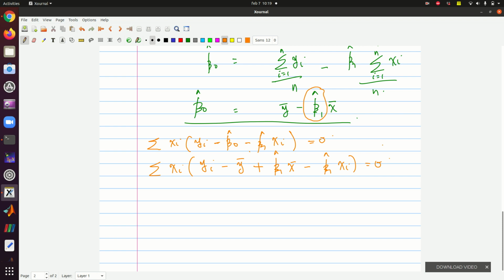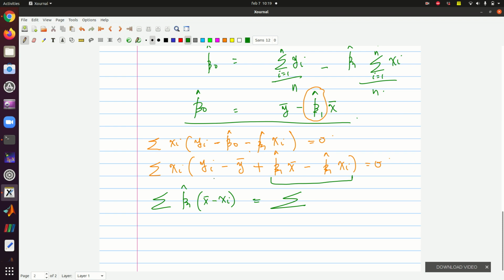Alright, so how do we do this next? What is the best way to do it? We have these terms here which have beta 1, so we can say we have the summation of beta 1 hat times x bar minus xi, and on this other side we shall take the summation of whatever else remains.